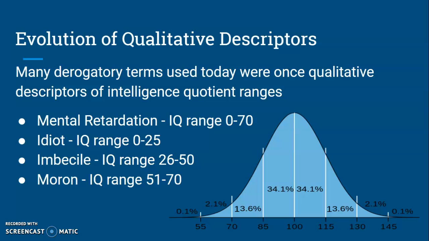An idiot was a descriptive term used for individuals with IQ ranging from 0 to 25. An imbecile was a descriptive term for IQs ranging from 26 to 50, and moron was the descriptive term for IQs ranging from 51 to 70.